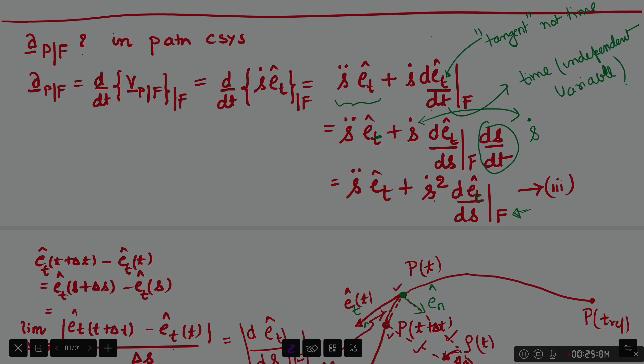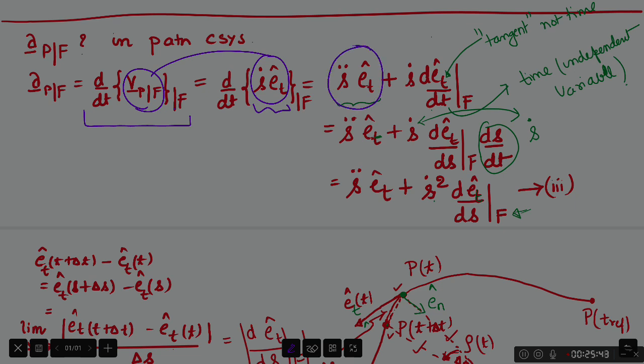We will see what exactly is the form that we end up with. The starting point towards getting an expression for APF is to take the derivative of VPF with time and with respect to F. We already have the expression of VPF in our path coordinate system, that is S dot ET. Now if you differentiate this product, I am going to get two terms.